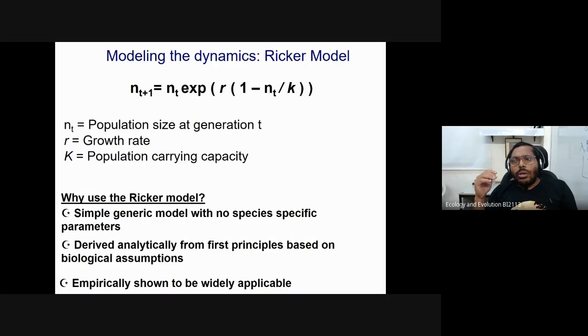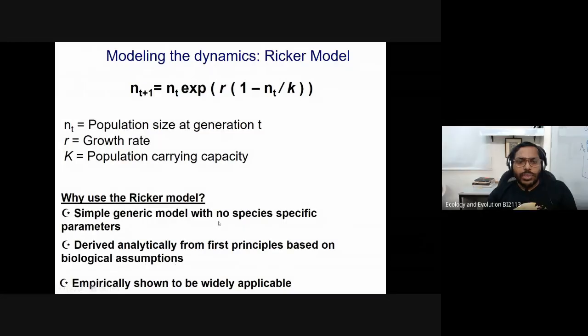If you look at this, bacteria all the way to fishes probably takes care of 95 to 99% of the species out there, and therefore the dynamics. So it is one of the most widely used and widely relevant models of population dynamics in the literature. Yeah, somebody had something.